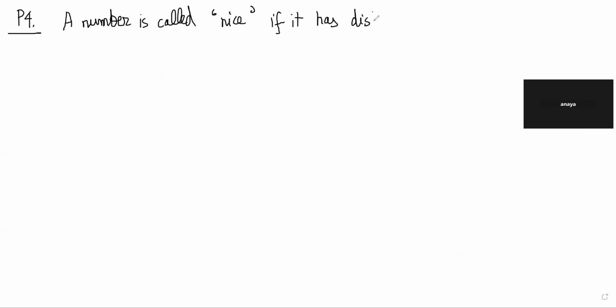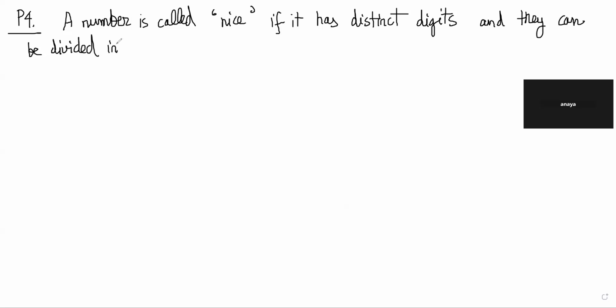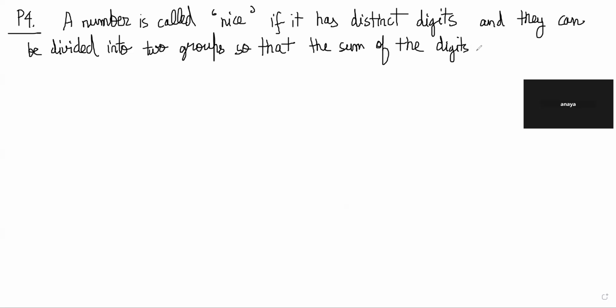Okay. Problem 4: a number is called nice if it has distinct digits, and they can be divided into two groups so that the sum of the digits in each group is the same.